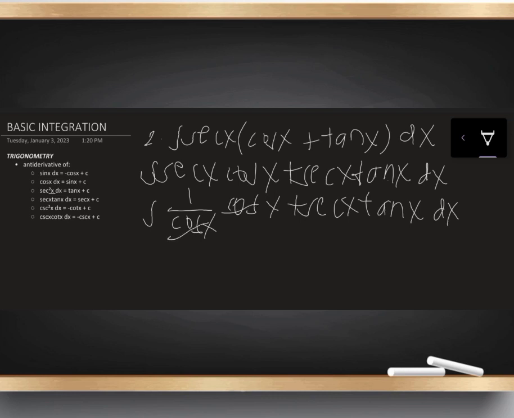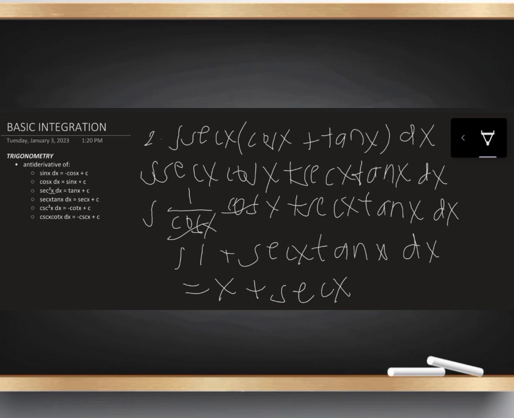So we will have the integral of 1, since all we have is 1, plus secant x tangent x dx. So the integral of 1 plus secant x tangent x dx is x plus secant x plus c. So this is our final answer.